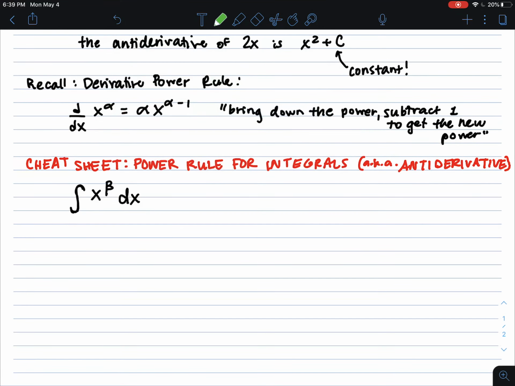So just note that this means the integral of x to the beta with respect to x. And the integral sign and dx always go together.